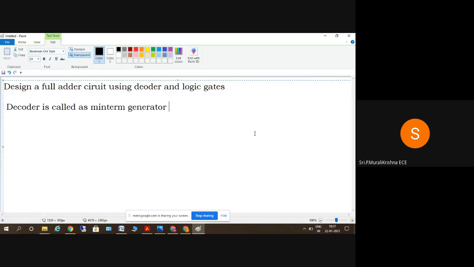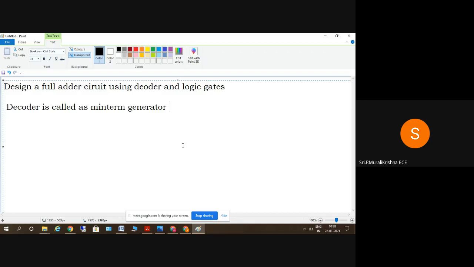D naught is equal to X bar Y bar, that is 0 0, so it is equal to M naught. M naught is nothing but 0 0 0, which I can write as X bar Y bar Z bar, or X bar Y bar.